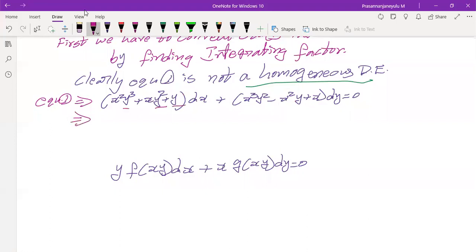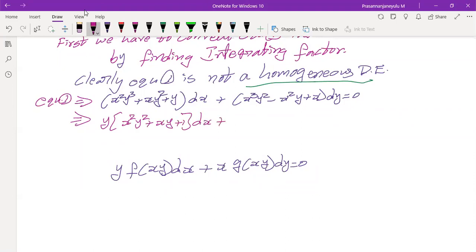Y cube, y square, and y are there. So we can take y common because that is the only form. From the dx coefficient, we have to separate the y variable. So taking y common, check what is the remaining thing we'll get. x square y square plus xy plus 1 into dx.